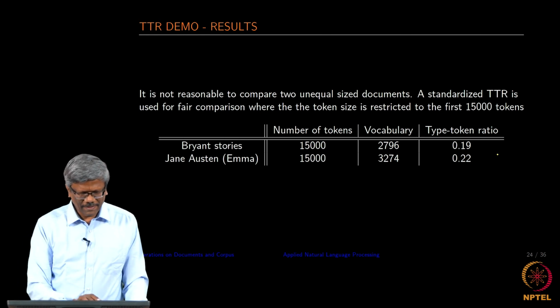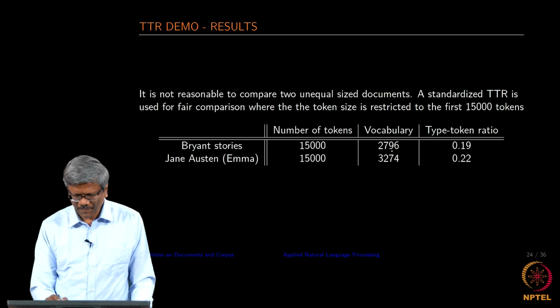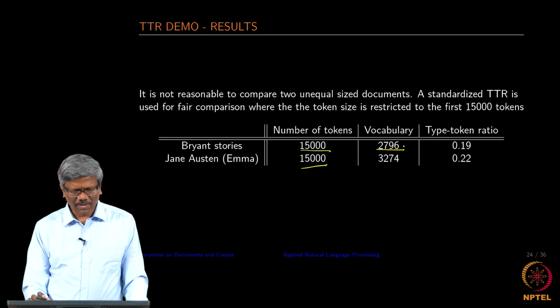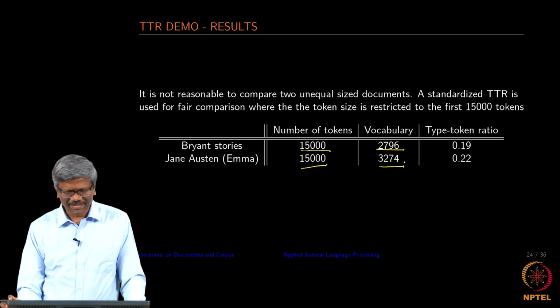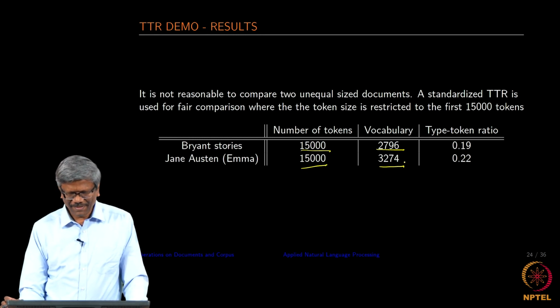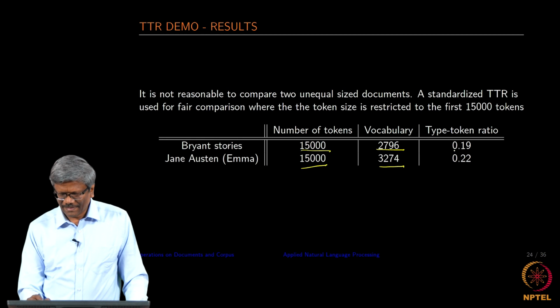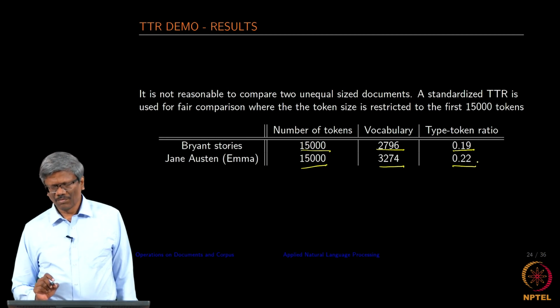If you look at the vocabulary, we have a vocabulary count of 2,796 and 3,274 for Jane. And then if you look at the type token ratio for Bryant Stories, it is 0.19, and for Jane Austen, it is 0.22.